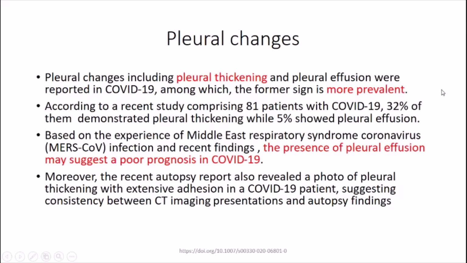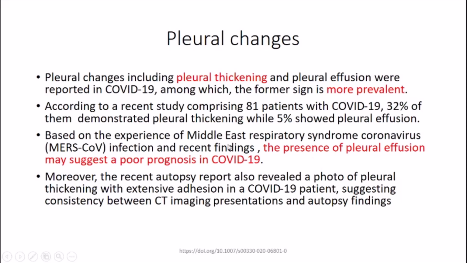Pleural changes, mainly pleural thickening. It's more prevalent than pleural effusion. A recent study showed that 5% of the patients showed pleural effusion and 32% of them showed pleural thickening.